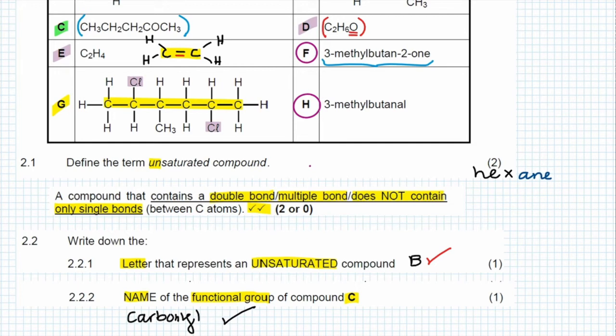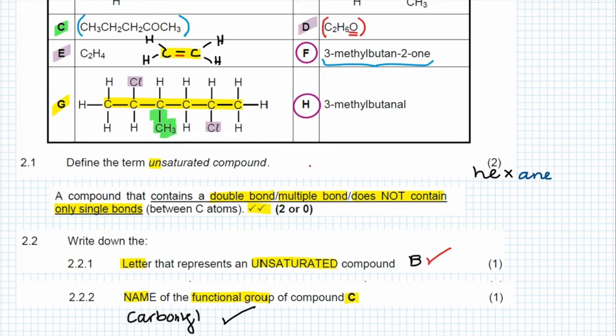Now we need to number the carbon atoms so that the chlorine atoms and methyl group obtain the lowest numbers possible. Whether we number from the left or the right, the chlorine atoms, or at least the first chlorine atom, will fall onto carbon number 2. But we also now need to take the methyl group into consideration, especially because the chlorine atoms from either side will begin on carbon number 2.